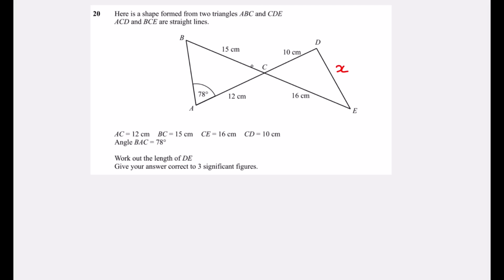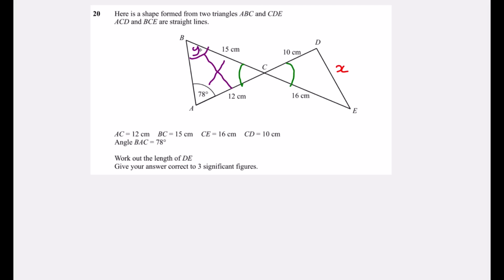So we're going to have to work out this angle here, which will be equal to this angle here because they're opposite angles. And then once we've got this angle, we can use the cosine rule in the second triangle to find x. But we're going to be starting with the triangle on the left, and we will use the sine rule.